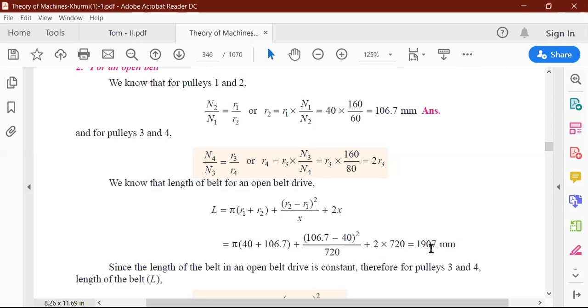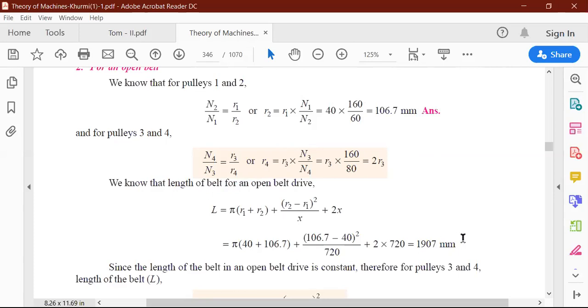So we can get 1907 mm. So here all the numerical is in mm. You can convert it into meter finally, or you can simply keep this all numerical in mm format. Okay. So we are getting the length of open belt, that is 1907 mm.